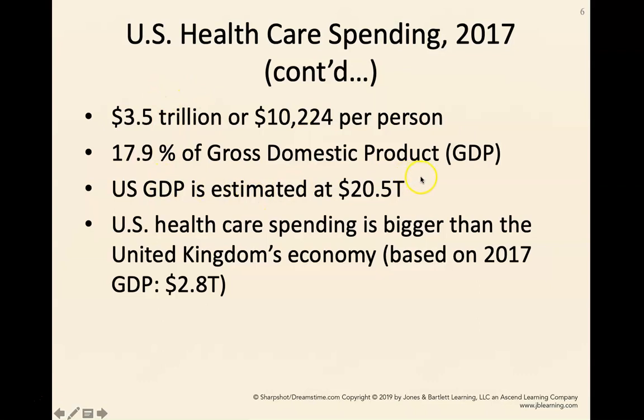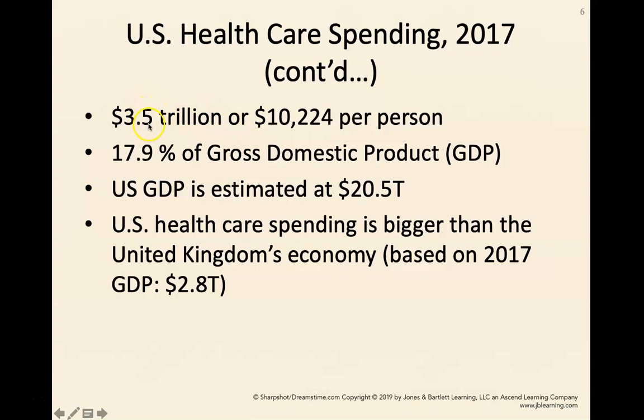So let's see how much we spend for healthcare. So don't forget this amount first. Now let's go back to the very first bullet point. The United States spends about 3.5 trillion US dollars, or about $10,224 per person.